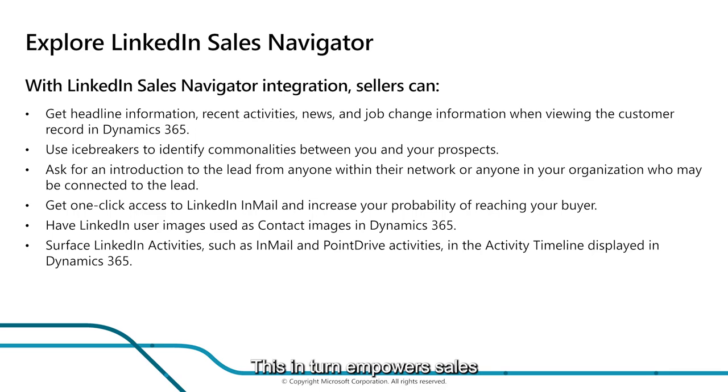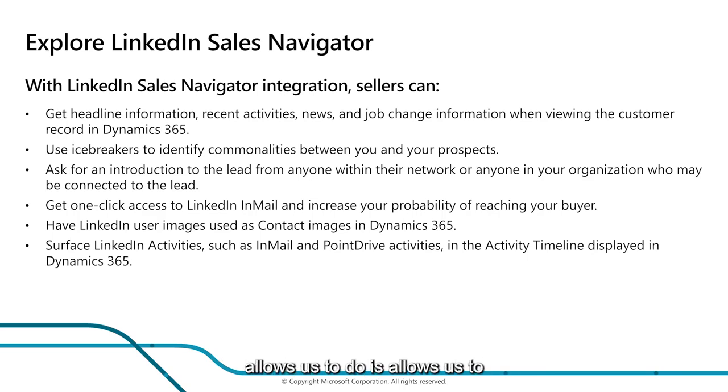This in turn empowers sales representatives to get insights on customers as well as recommendations directly from any Dynamics 365 record. LinkedIn Sales Navigator controls are available and can be placed on Dynamics 365 Sales forms. The two controls available are the LinkedIn Sales Navigator lead control, handling leads, as well as the LinkedIn Sales Navigator account control, handling accounts.